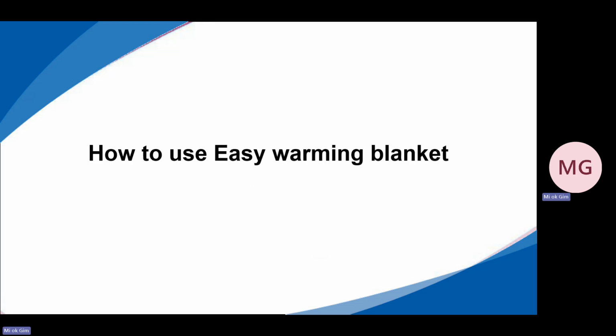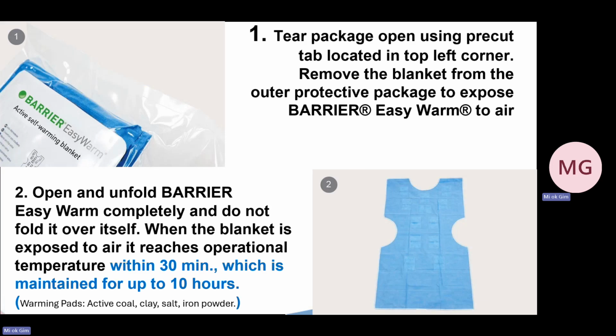So how to use this Easy Warming blanket is very simple. This is a vacuum sealed pack. You can just open, tear and remove the package. As soon as you remove the package, exposure to the air starts to warm it. We open it, unfold it, and when the blanket is exposed to air, it activates, and it gets warmer in 30 minutes.